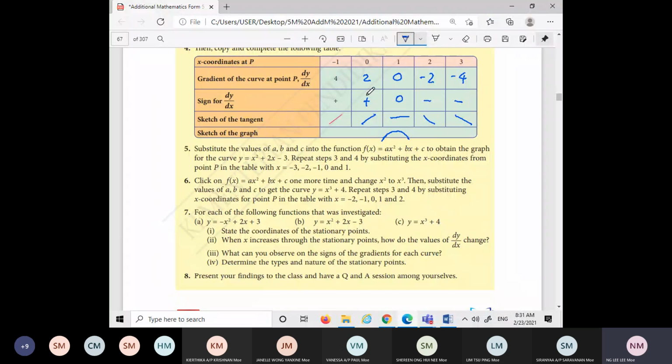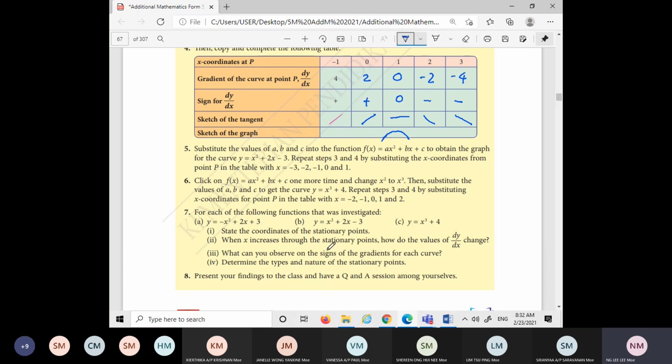It means you concentrate on this stationary point, before and after. You see the sign changes. It changes from positive to negative. So this is a maximum point.